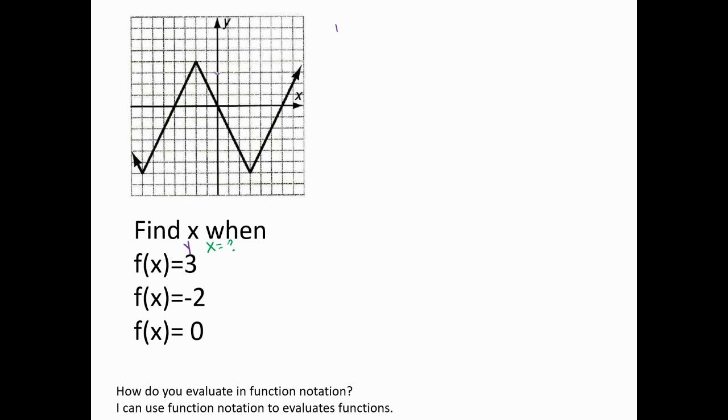And you'll notice on our y-axis at 3, we actually have a couple of answers. So we could put this as an answer, this one as an answer, even way over here this as an answer. So we actually have multiple x coordinates that would give us the correct answer. It looks like -1.5. So x would equal -1.5.